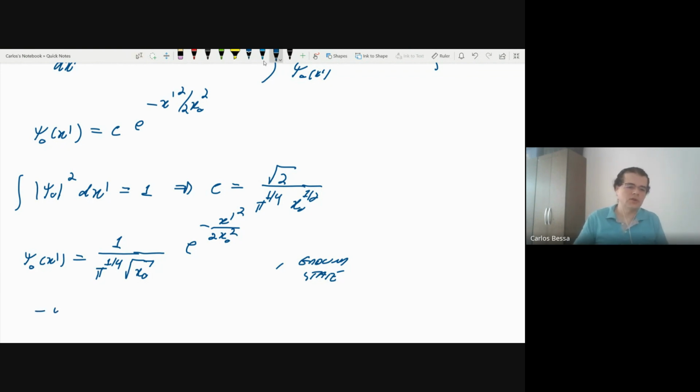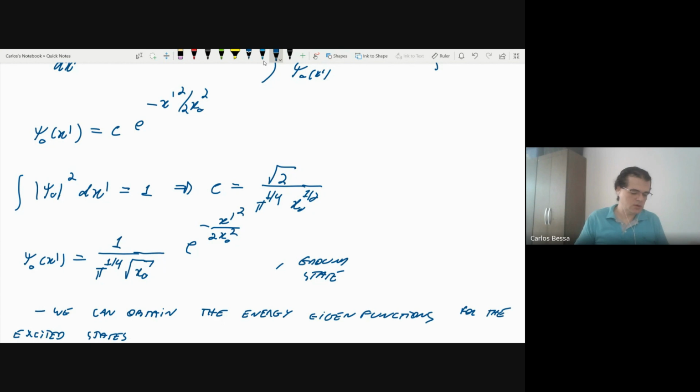So we can obtain the energy eigenfunctions for excited states.